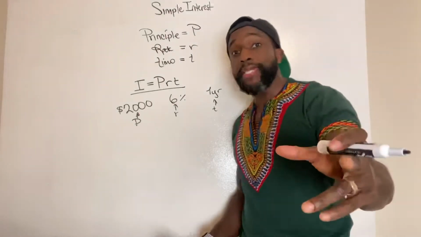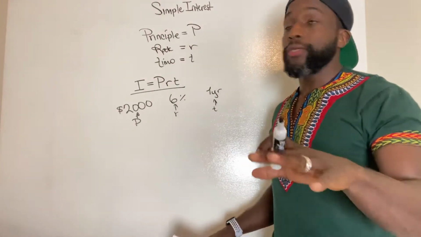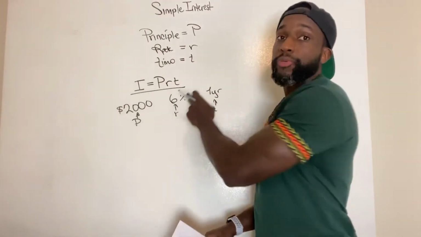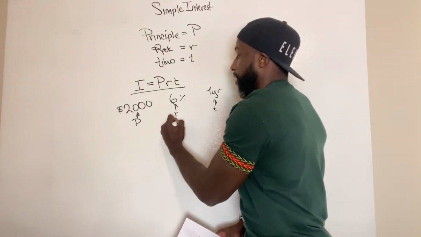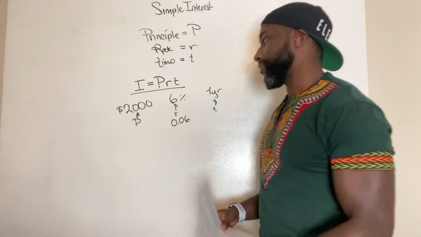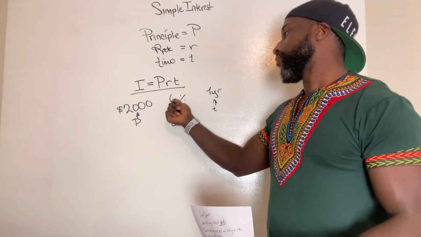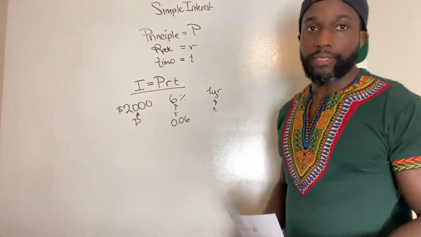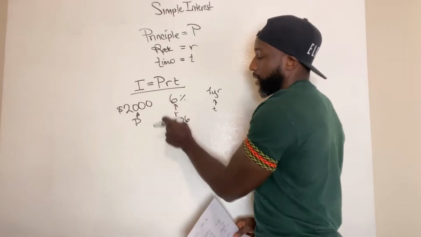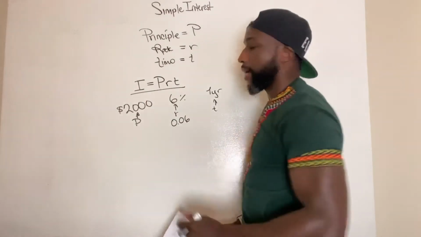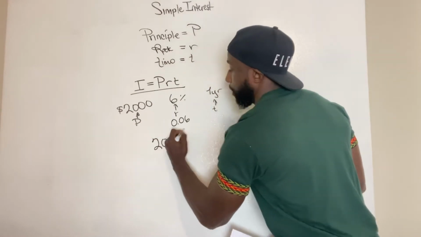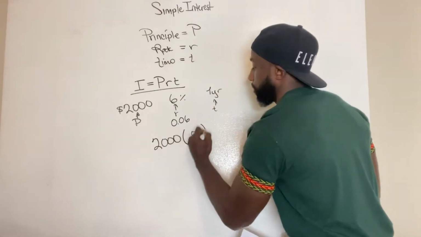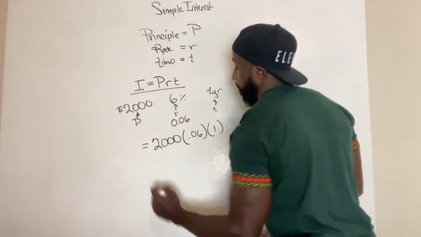When you're calculating interest, the interest rate has to be in decimal form, which means you move the decimal point two places. So 6% is 0.06. Now let's do the math: 2,000 times 0.06 times 1 gives us our interest.